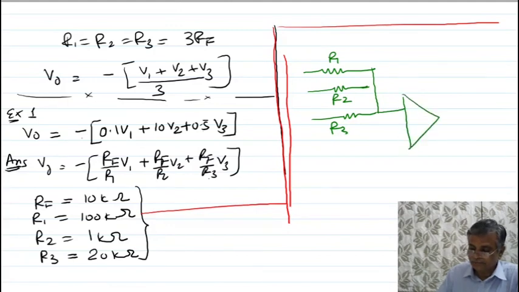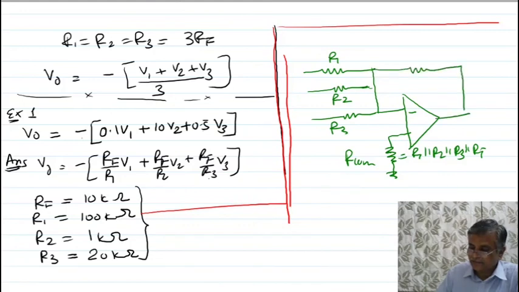This is the op-amp with its minus input. This is R compensated to ground, whose value is R1 parallel R2 parallel R3 parallel RF. This is RF, I have taken 10 kilo ohm.